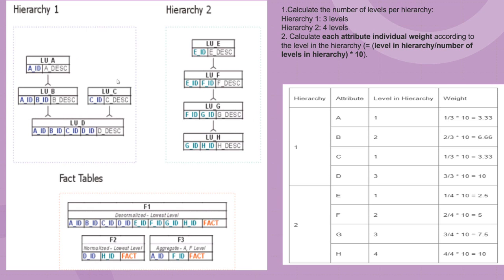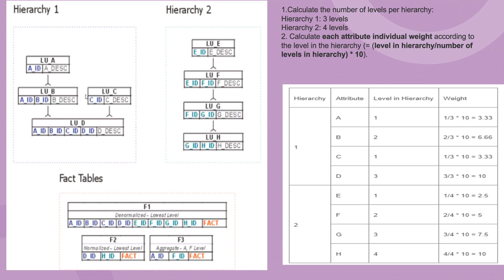So 1 divided by 3 multiplied by 10 gives 3.33. So for attribute A we got 3.33.